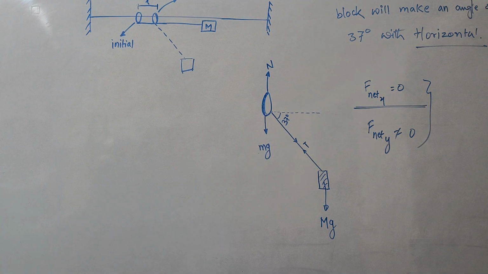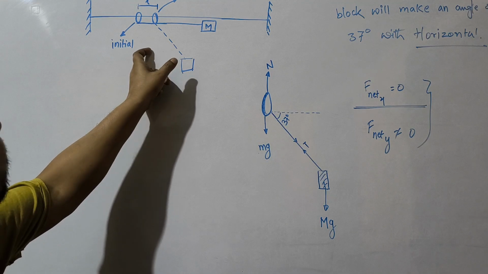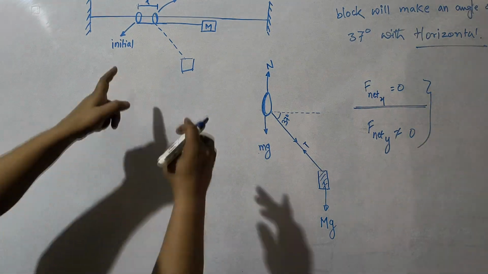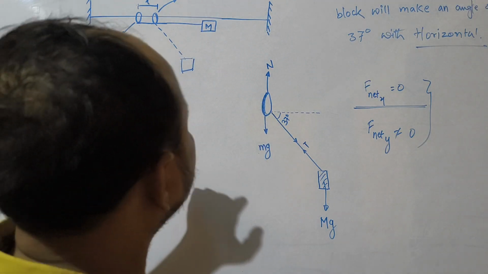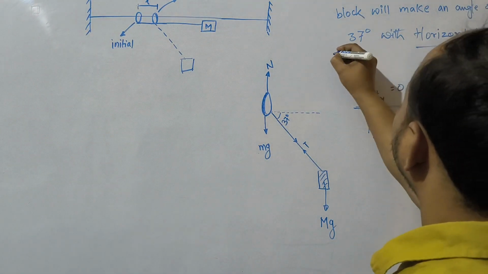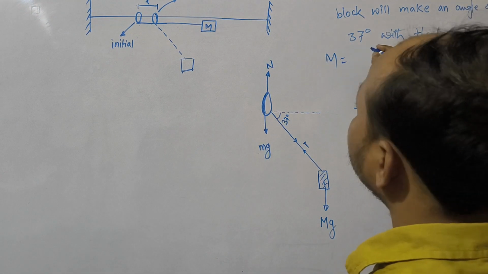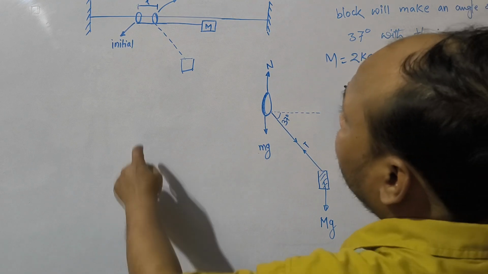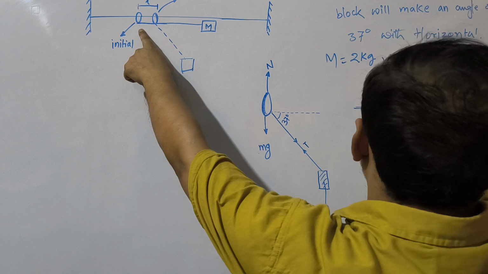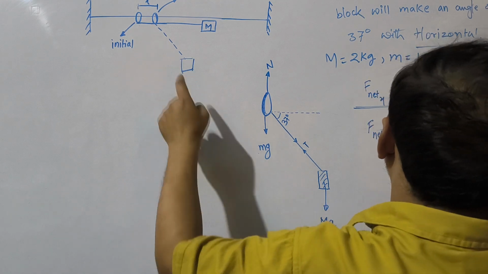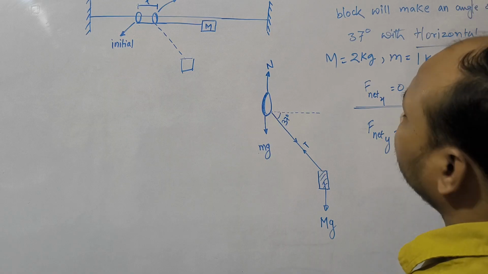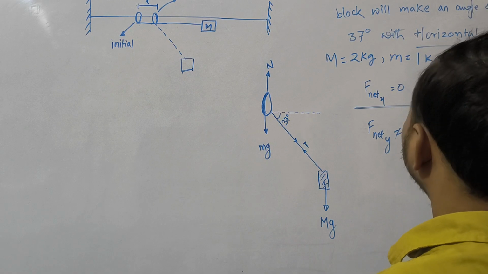Okay, so if the bead has shifted to x, how much distance has this block shifted? See, the total distance is not given in the data. We are assuming capital M is equal to 2 kg, small m, the mass of the bead, is equal to 1 kg, and the length, let us assume 2 meter.